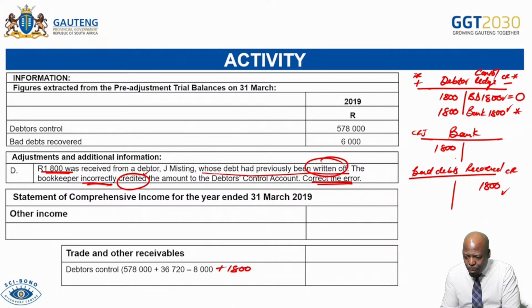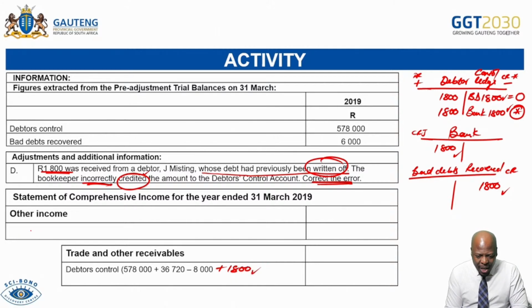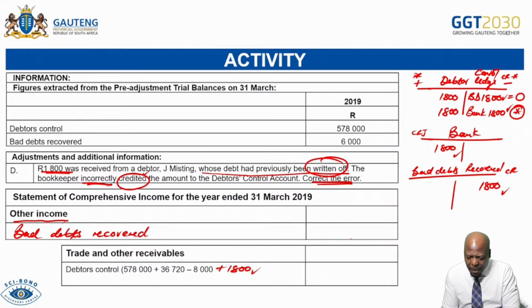This is what the bookkeeper was supposed to do. But the bookkeeper did this one. So we corrected that here. And then now let's make the correct entry. So I'll come to my statement of comprehensive income, other income. Then I'll say bad debts recovered. How much is that going to be? 1,800.